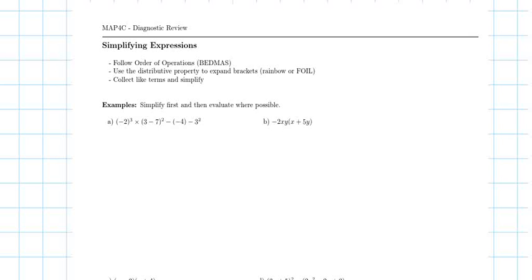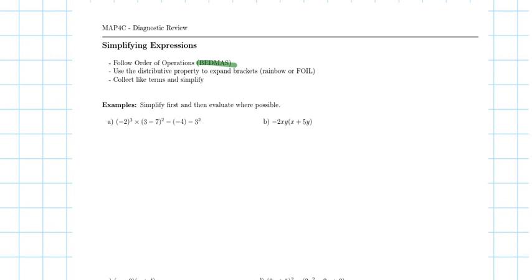And when I use the acronym FOIL here, it means when I multiply my two brackets together. That's expanding binomials. So with BEDMAS, when I have something that looks like this and I want to simplify, I want to find the answer, I have to follow the BEDMAS order.